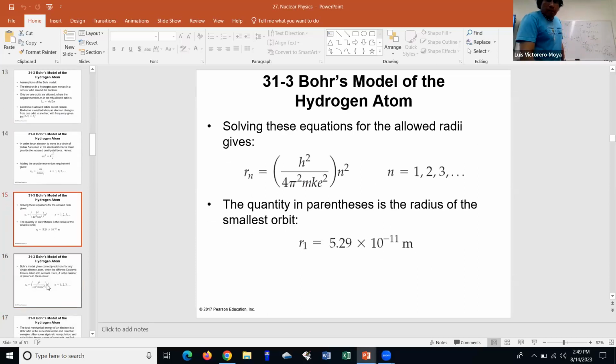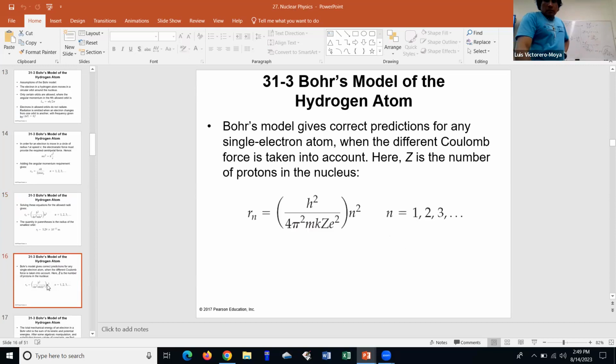There. That's the constant. 5.29 times 10 to the negative 11 for n equals 1, of course. That's the Bohr radius. All right. And then as a function of n is what I just showed you on the board there.